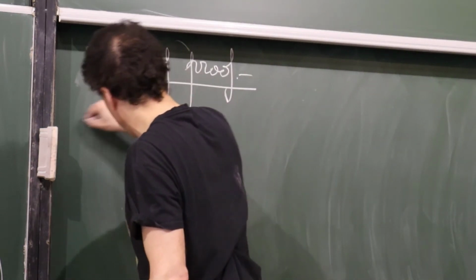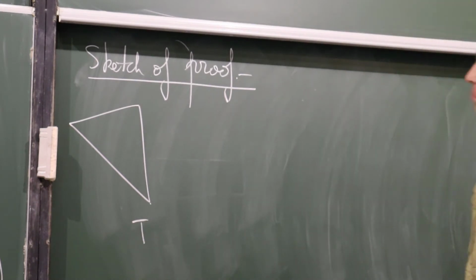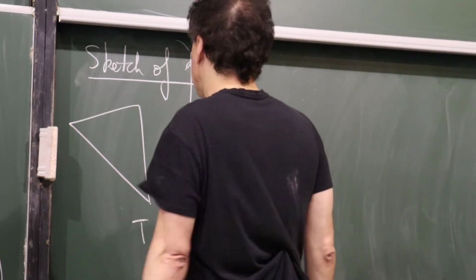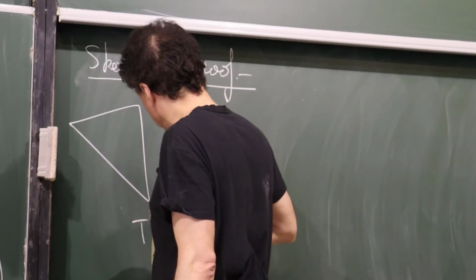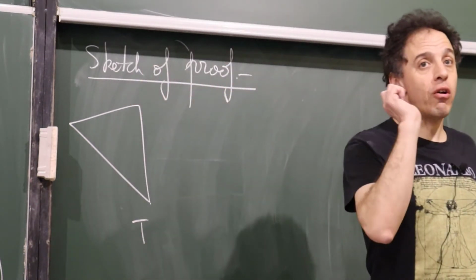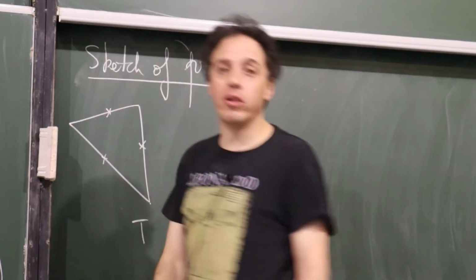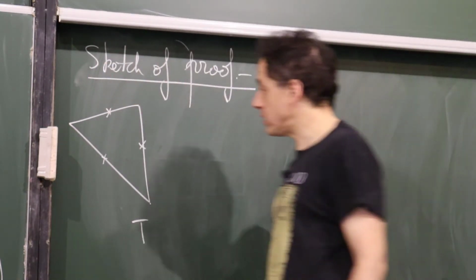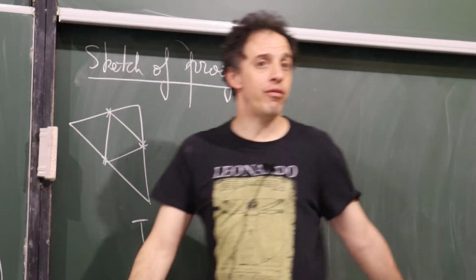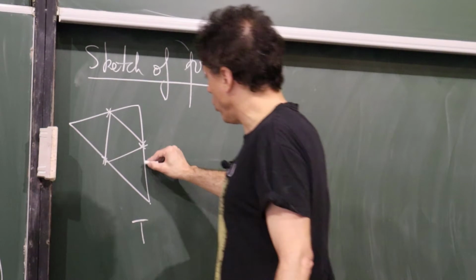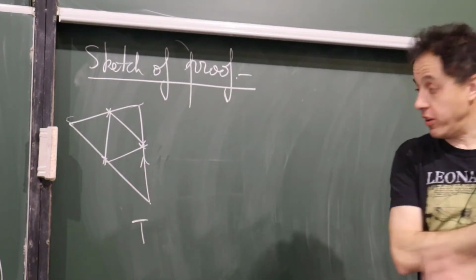Consider a triangle here, T. The function is defined someplace, and do the following thing. Divide the triangle in 4 triangles. Take the middle points of the sides and divide in 4 triangles. So the integral along your triangle, so you integrate here, here, and here, can be divided in 4 integrals.